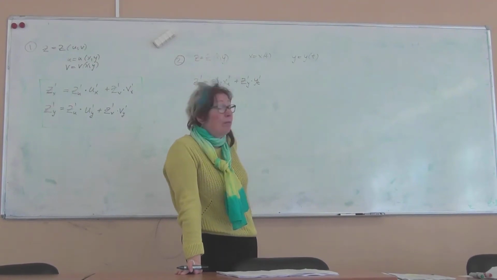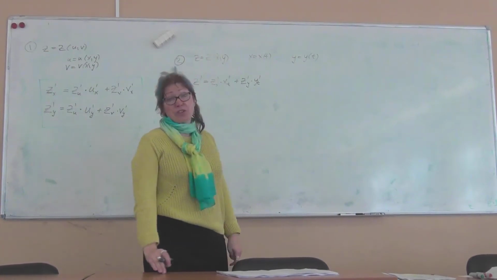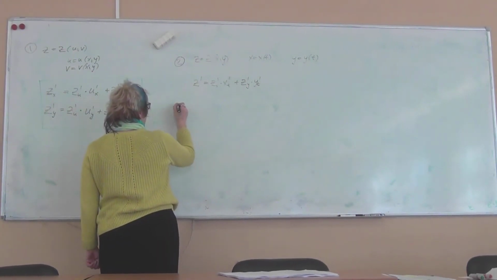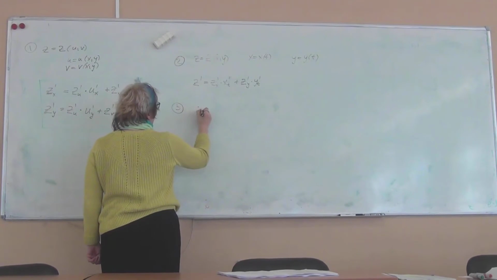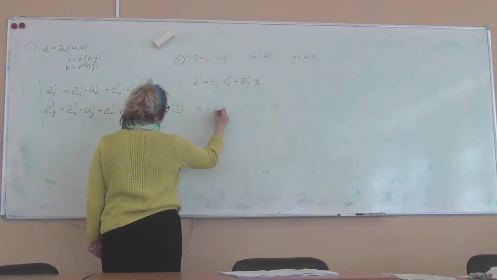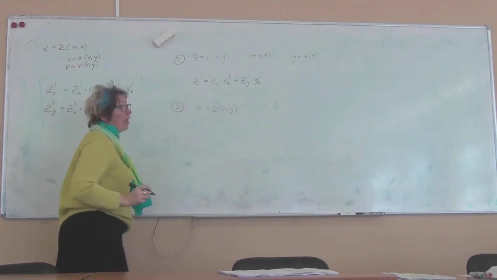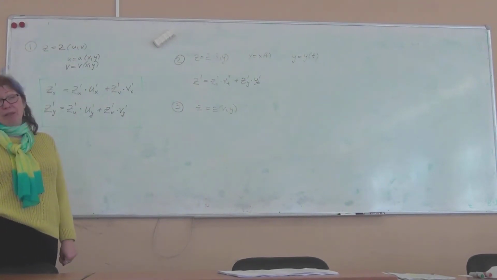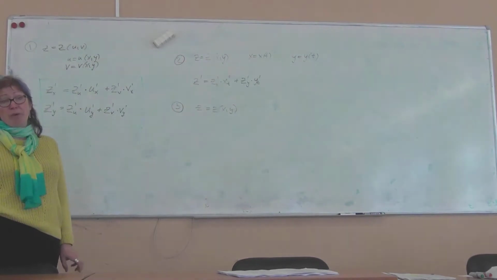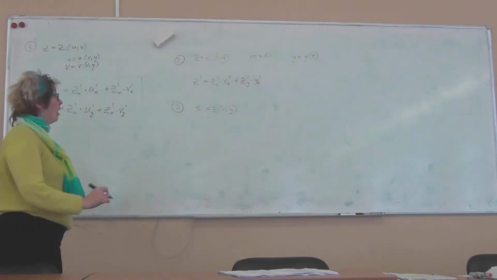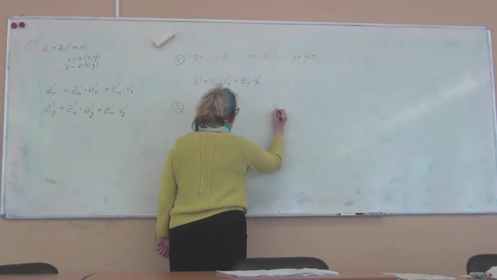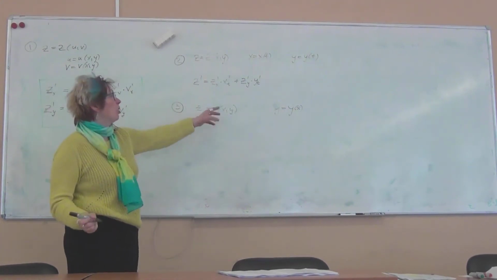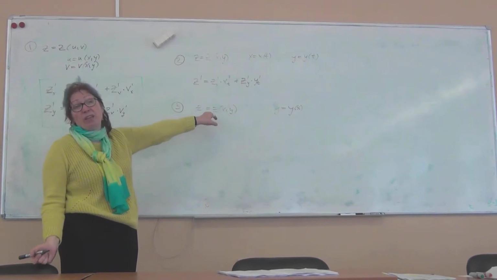And finally, another case, even simpler than this, the third situation. Let's suppose we have z as a function of x and y again. This time, only y is dependent on something else, and that will be x. So sometimes we could have y dependent on x, and then some expression dependent on both x and y.